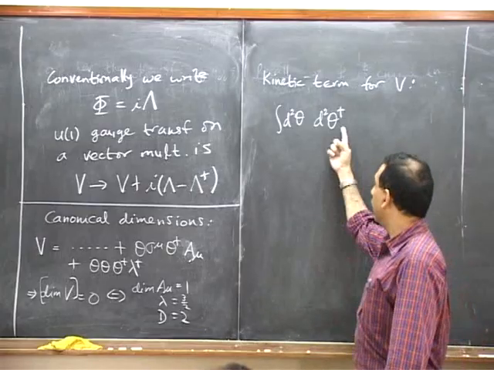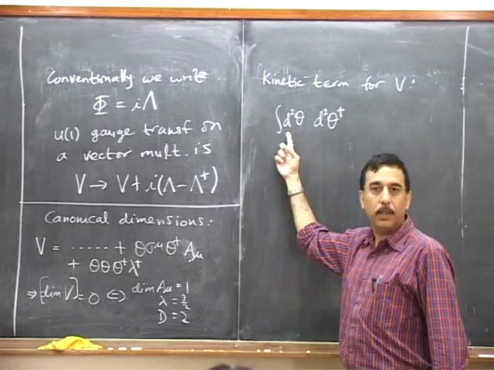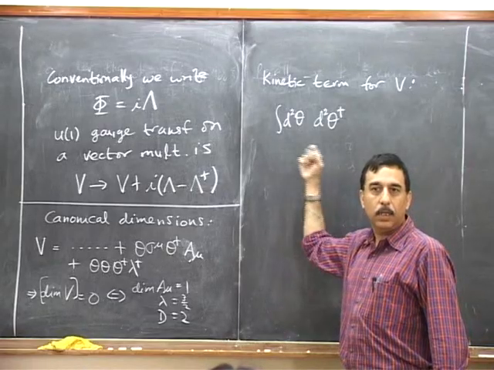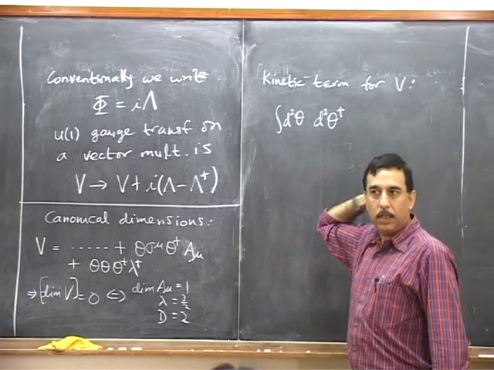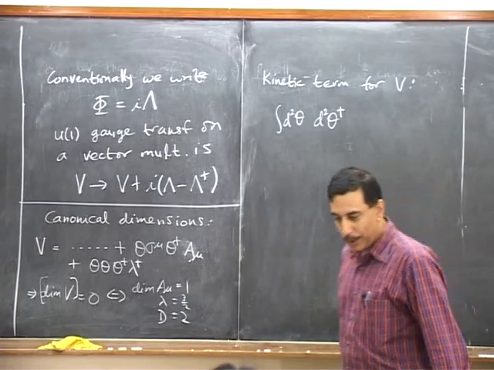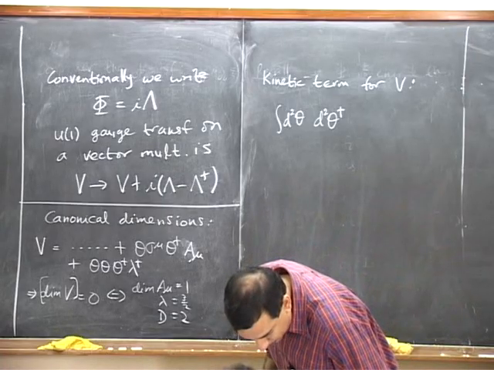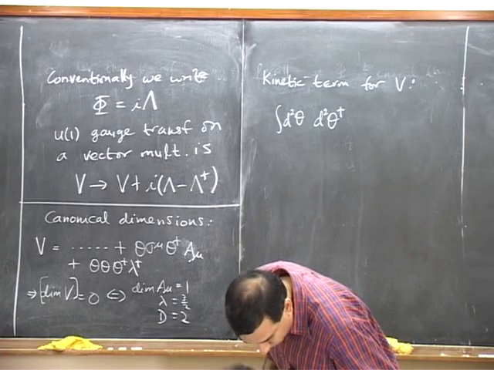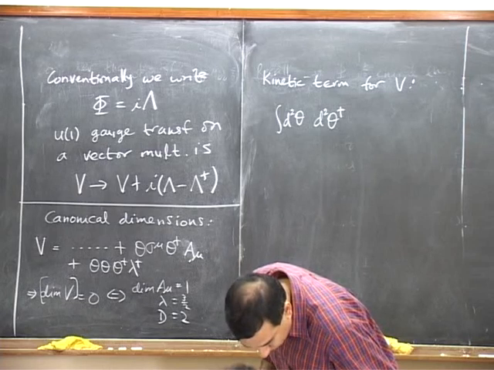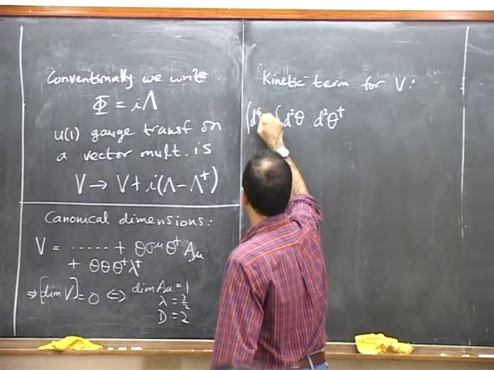Okay. Now this whole thing has mass dimension 2, and that means I must find a Lagrangian of appropriate mass dimension. For counting of this, of course, I should count this.